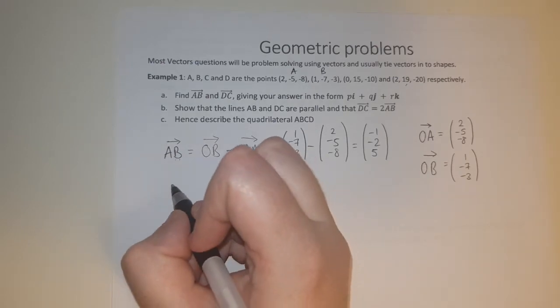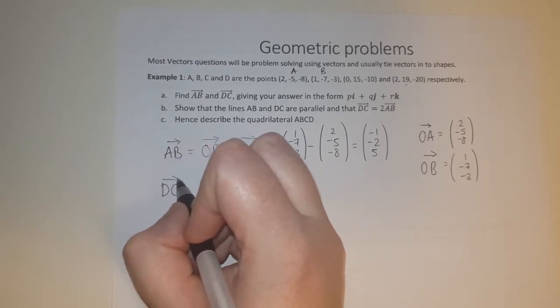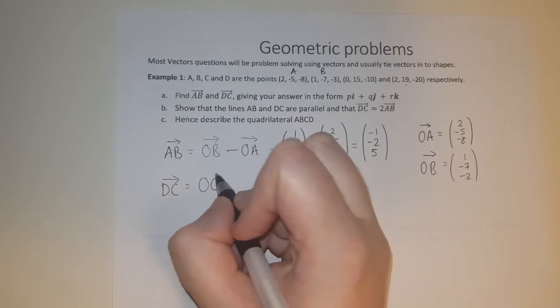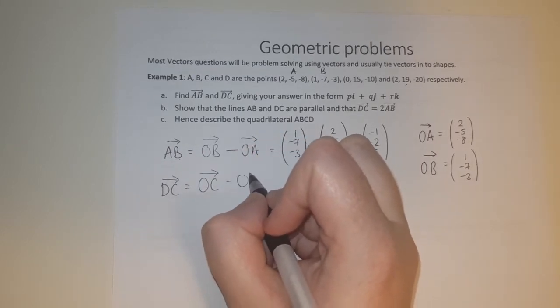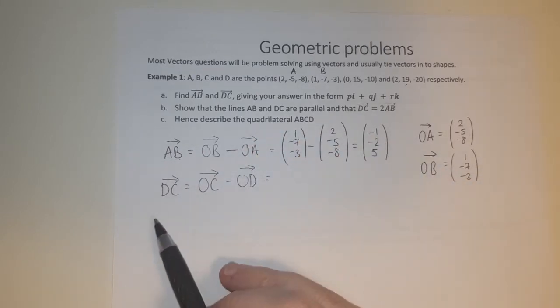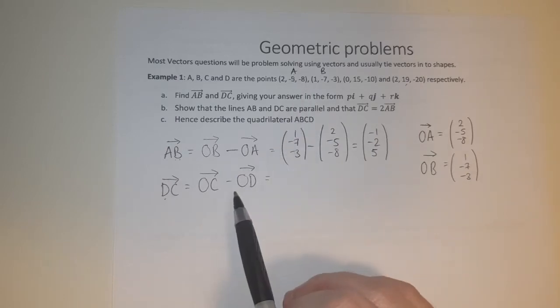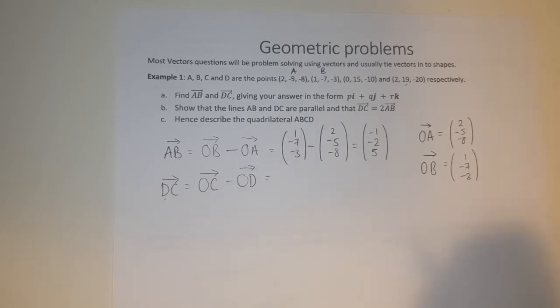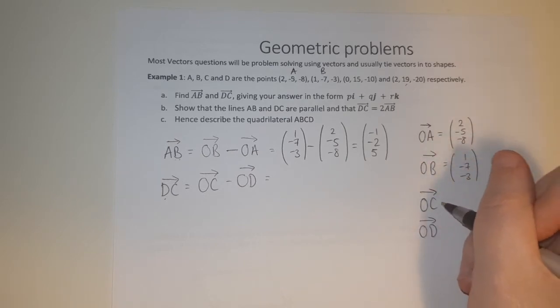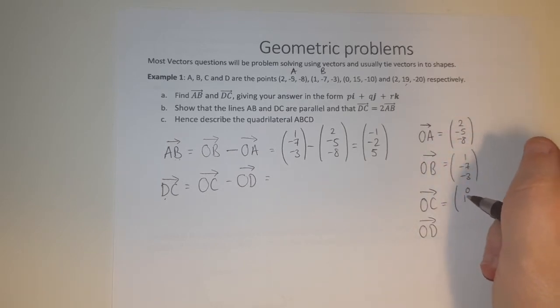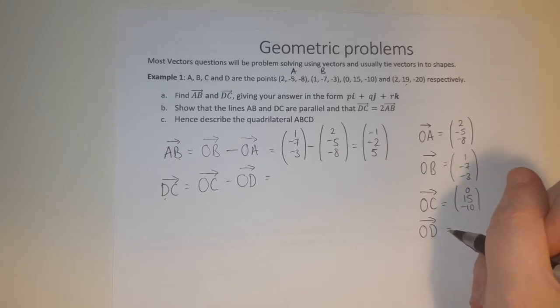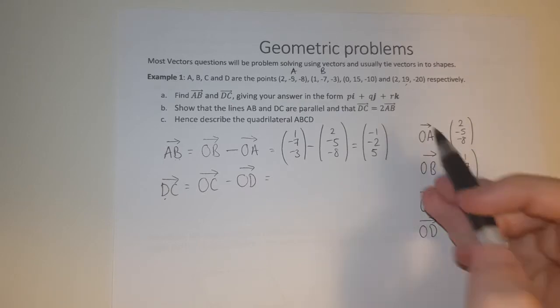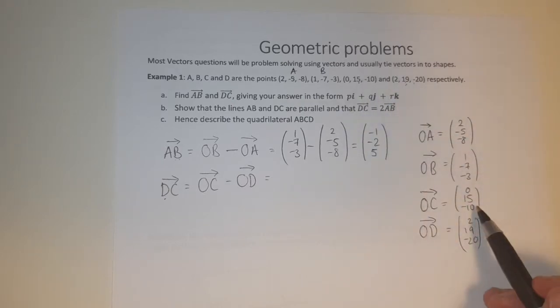We're going to do exactly the same with DC. So first of all, that means OC minus OD, because remember, D itself is just a coordinate. OD makes it a vector. So if we find OC and OD, OC is then just (0, 15, -10), and OD is (2, 19, -20), both just the vector form of the coordinate, because all you're doing is taking away the origin, which is obviously (0, 0, 0).